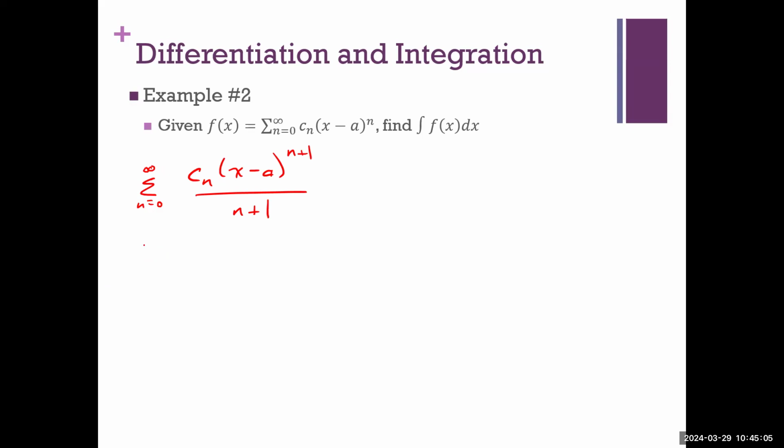So if I know that f of x is equal to c0 plus c1 (x minus a) plus c2 (x minus a) squared plus c3 (x minus a) to the third. What's the integral of c naught?